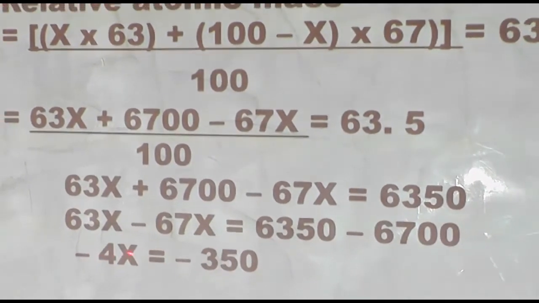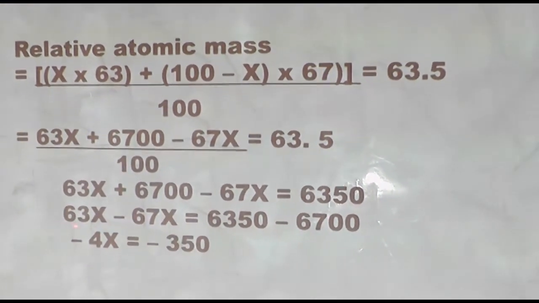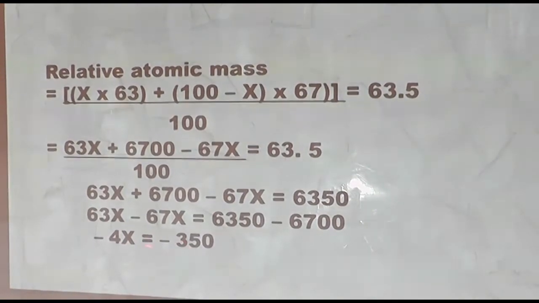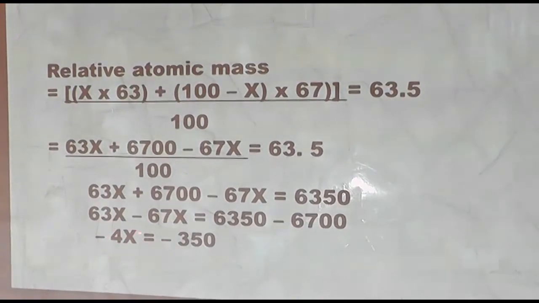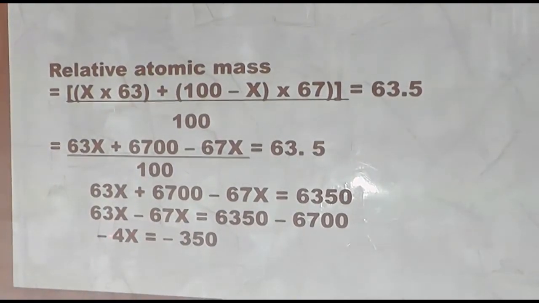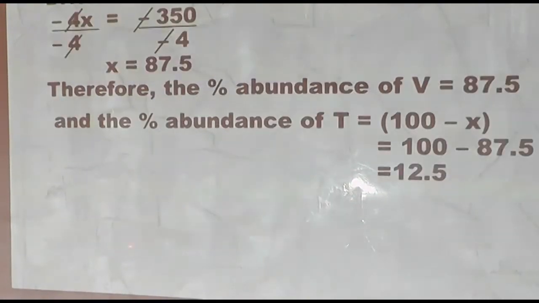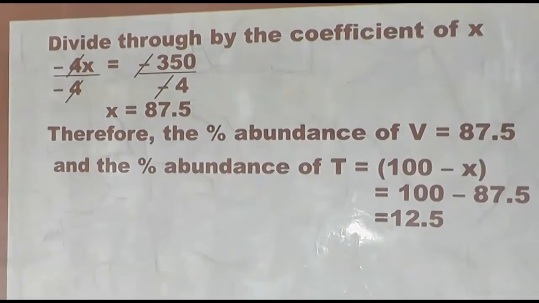Of course, we are looking for x and not 4x or minus 4x. We divide both sides by the coefficient of x. And the coefficient of x is that value that is accompanying x. And what is that value? Minus 4.